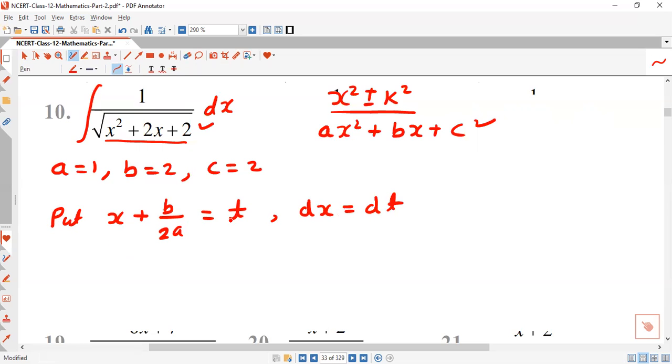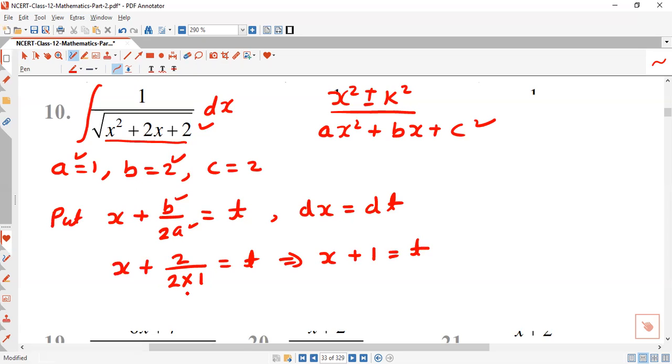Put the values here: x plus, what is the value of b? b is 2, 2 upon 2 into a, and a is 1, equal to t. This implies that x plus 1 equal to t.